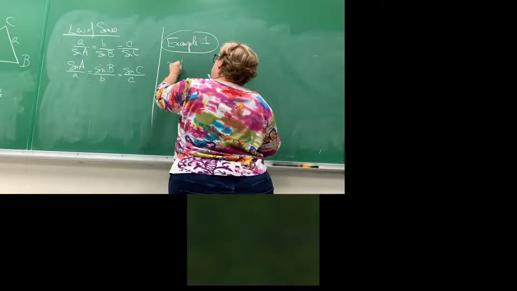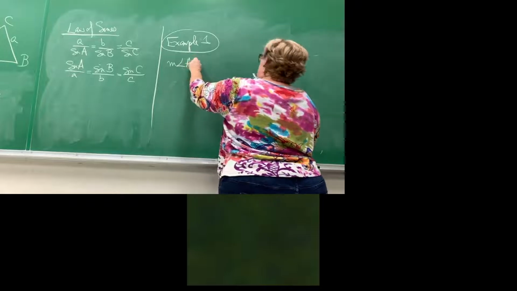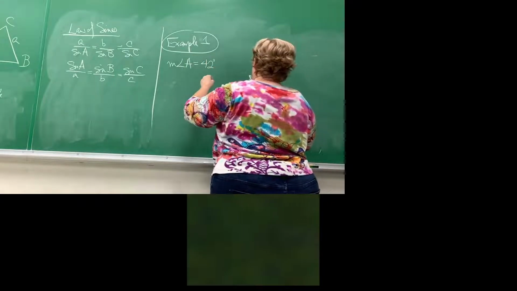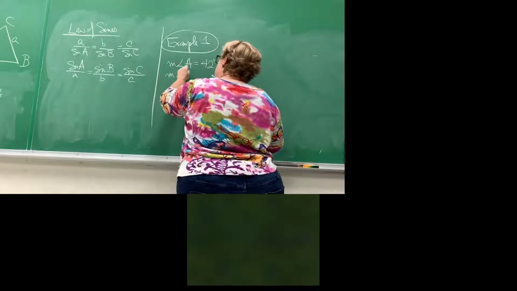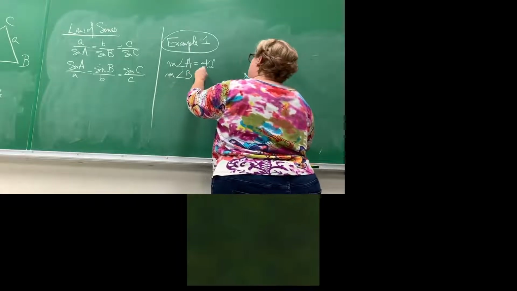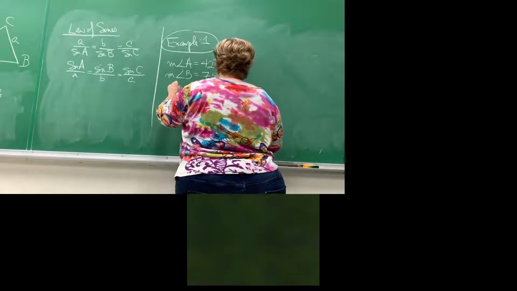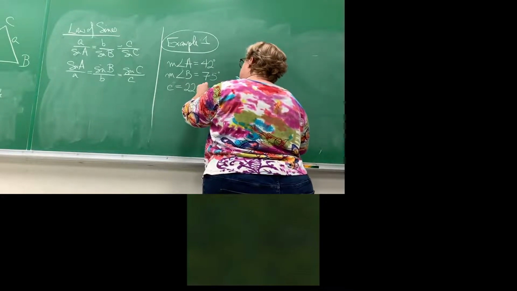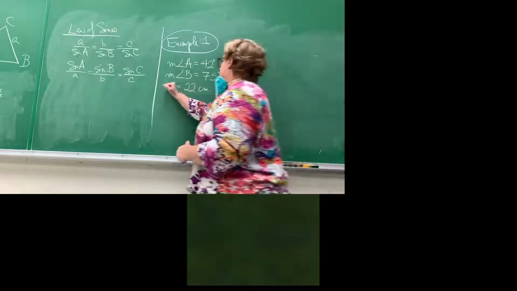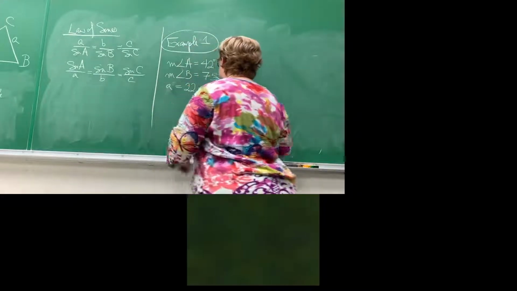If we have the measure of angle A is 42 degrees, the measure of angle B is 75 degrees, and we're given that little c is 22 centimeters. Oh, we don't have enough. Let's fix this. So let's say that this is little a.